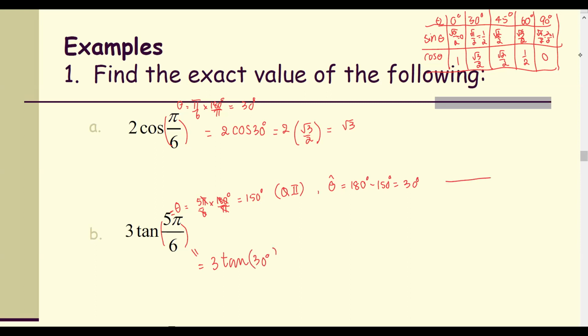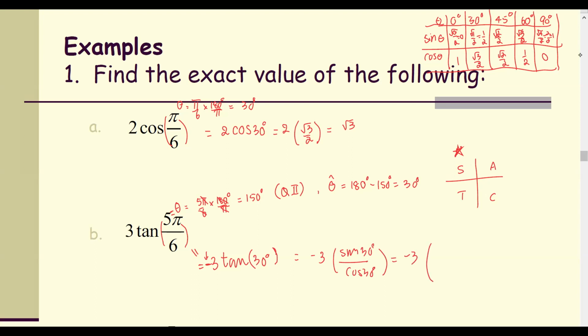But recall in the second quadrant, from the diagram All Students Take Calculus, only the sine and the cosecant will be positive. So the tangent remains negative in sign. From the table of the exact values, we can find the tangent of 30 degrees by using the sine of 30 degrees divided by the cosine of 30 degrees.